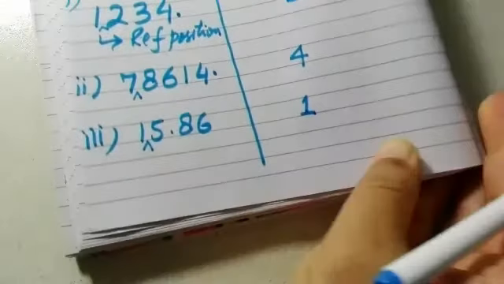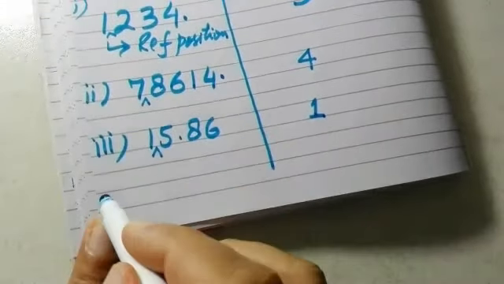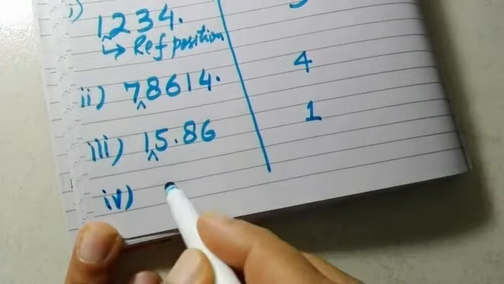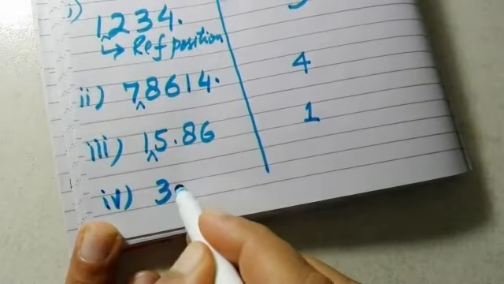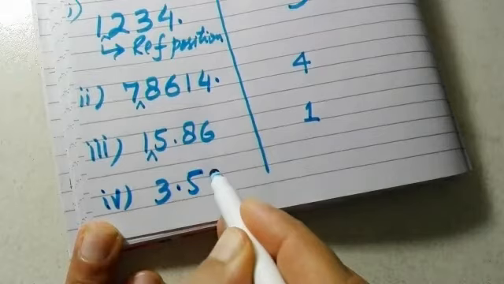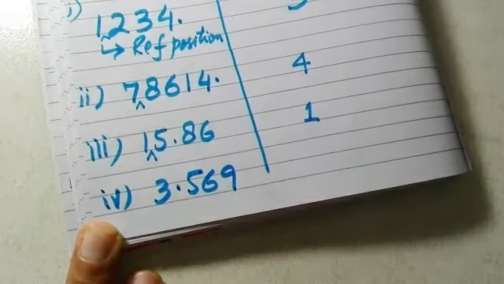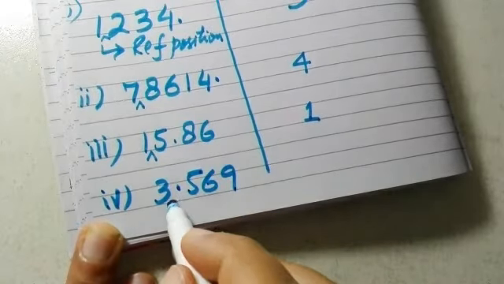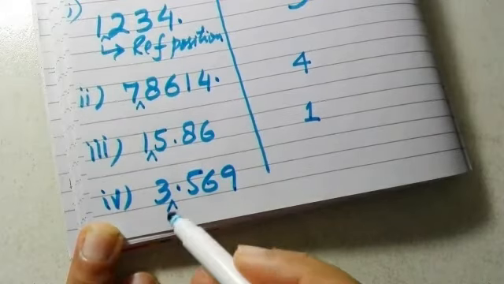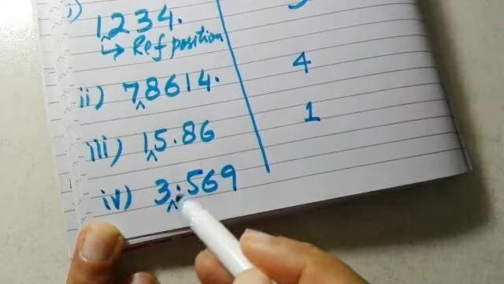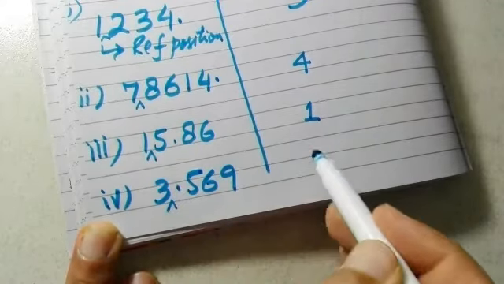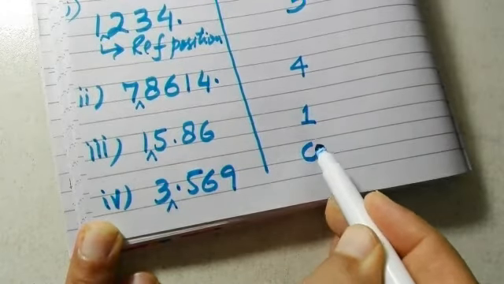See another example: if we have 3.569, in this number you will place a cap sign. How many digits are there between the cap sign and the decimal? There is no digit. So in that case, the characteristic will become 0.